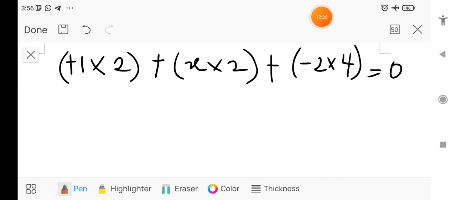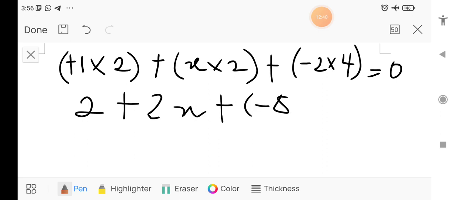So this is +1 times 2 is 2 plus 2x plus -8 equals 0.